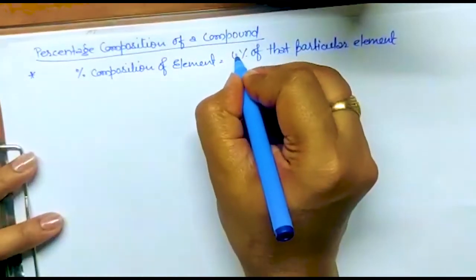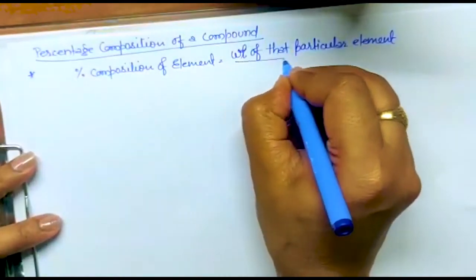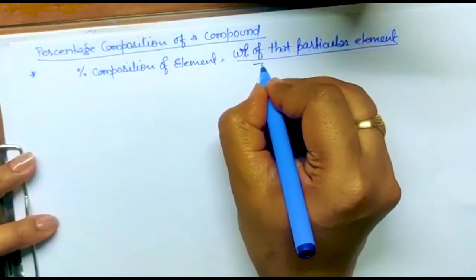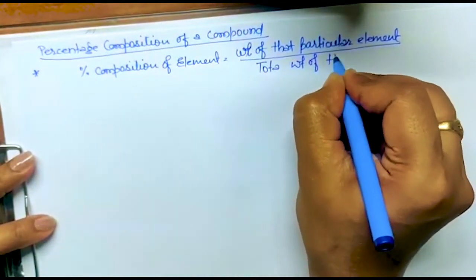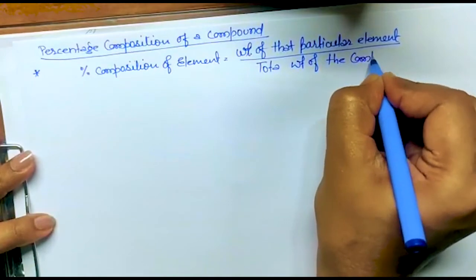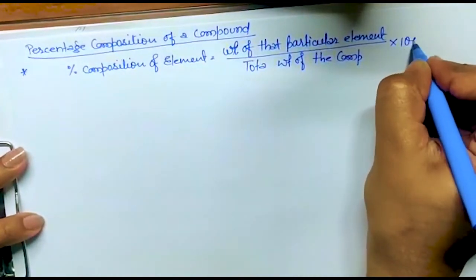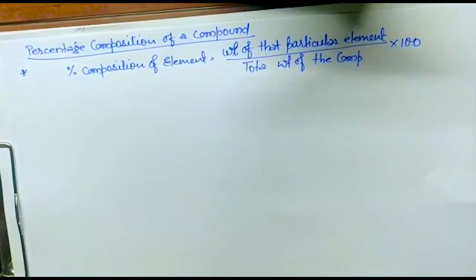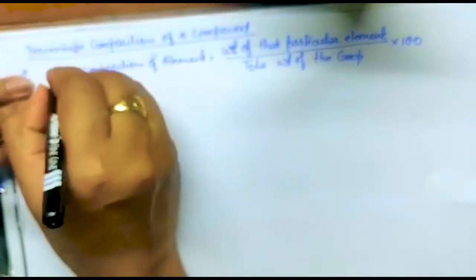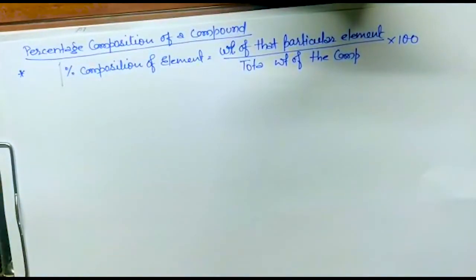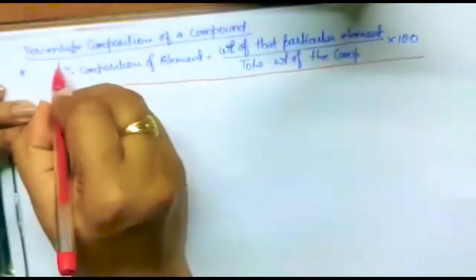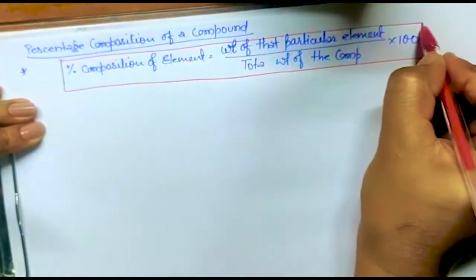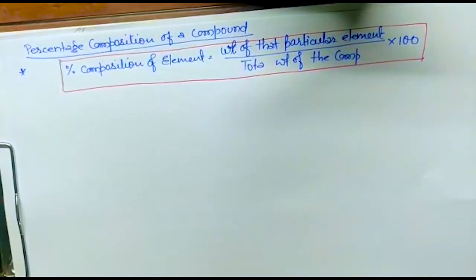Not percentage, sorry, weight of that particular element upon total weight of the compound, multiplied by 100. This is the formula. In general we will use this formula only. Okay, so now start with the numerical.